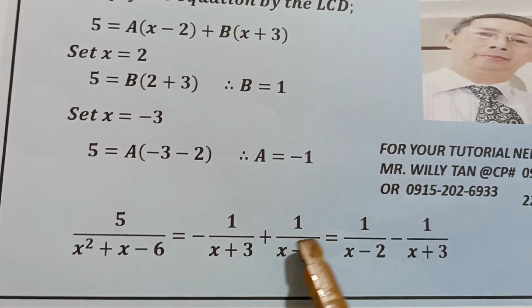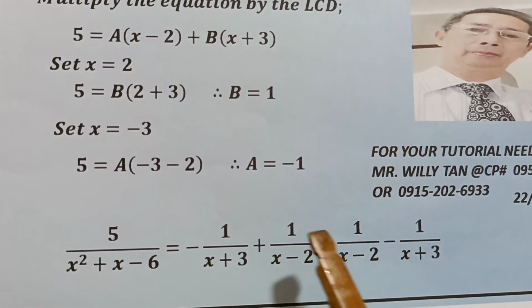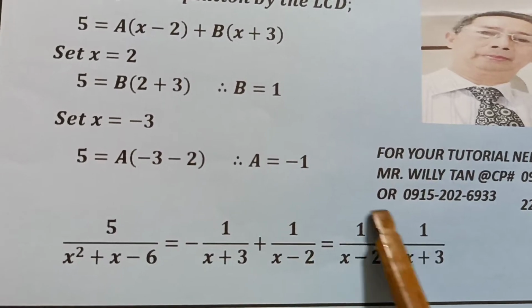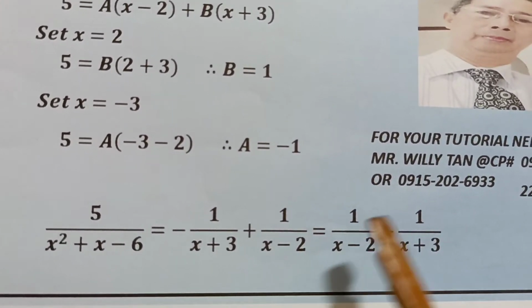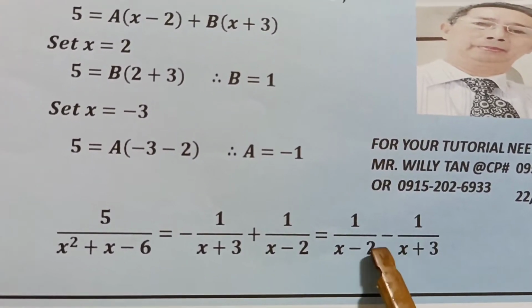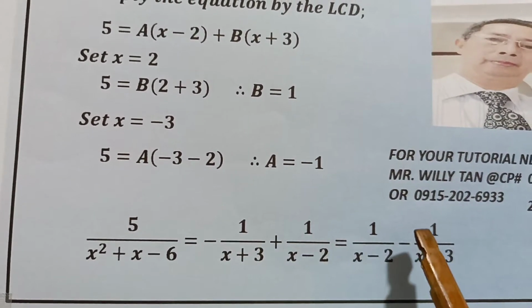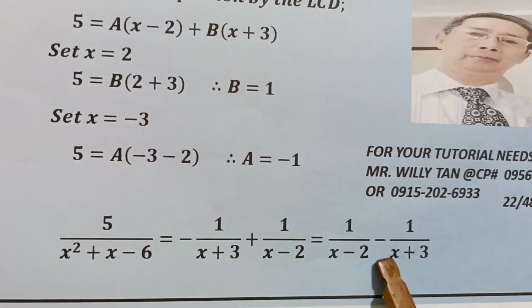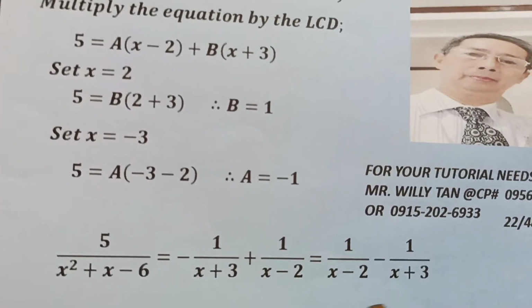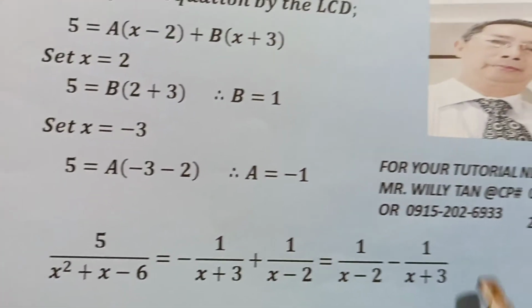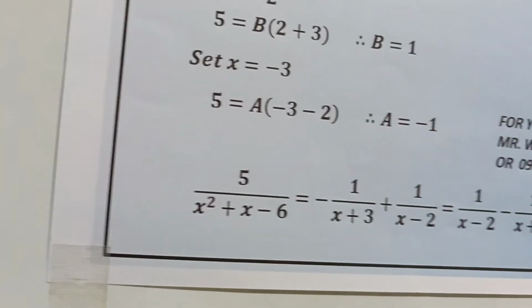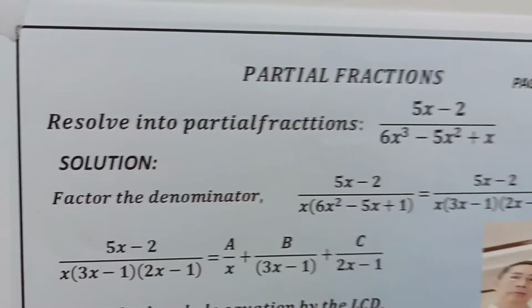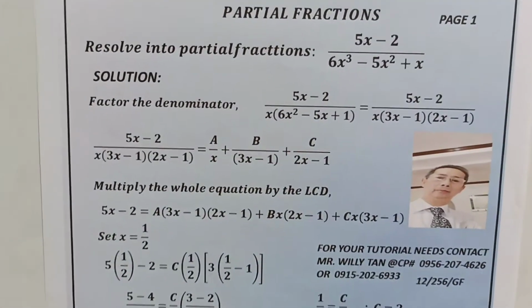So we interchange, to make the second term negative, so the final answer is equal to 1 over x minus 2 minus 1 over x plus 3. So we go to our second problem.